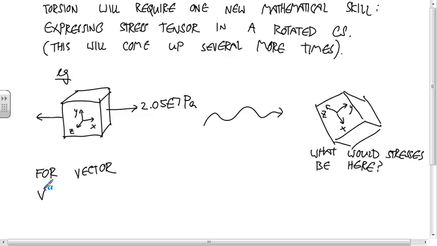But so for a vector, we know that v in the new coordinate system is just equal to the rotation matrix Q times v in the old coordinate system, right?